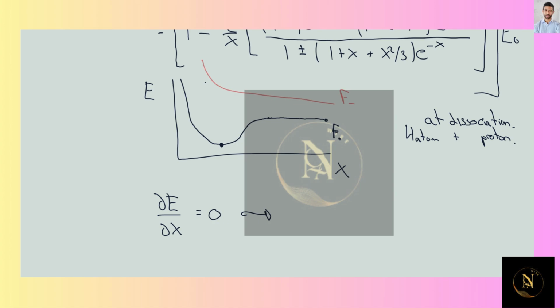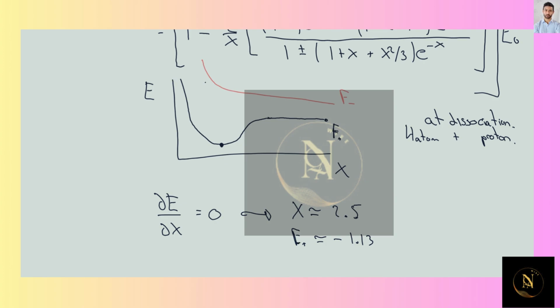The solution that we find for this is that the value for x is approximately equal to 2.5 for the construction that we found here. And the energy at this point is going to be approximately minus 1.13.